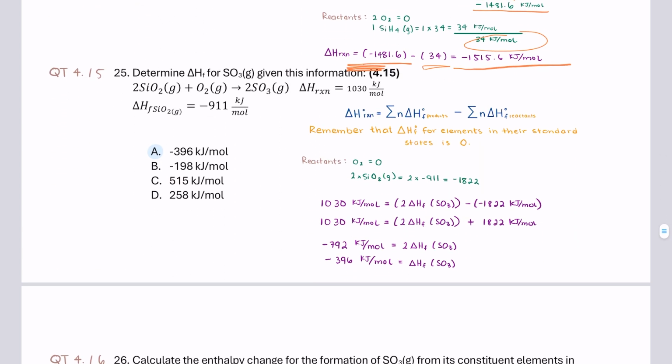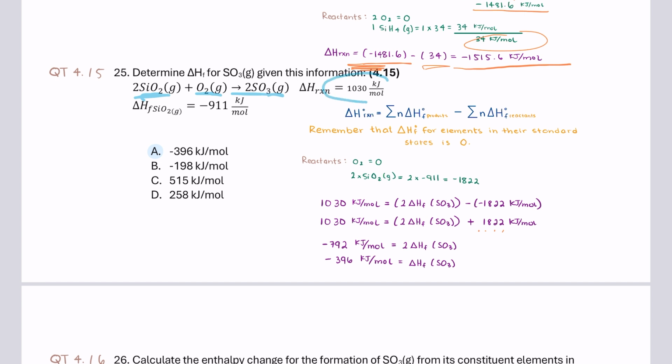Problem 25 says, determine the standard enthalpy of formation for sulfur trioxide given this information. Here again, we're going to use the standard equation for reaction enthalpy based on heats of formation. The balanced chemical equation tells us that 2 moles of silicon dioxide gas react with 1 mole of oxygen gas to form 2 moles of sulfur trioxide gas.